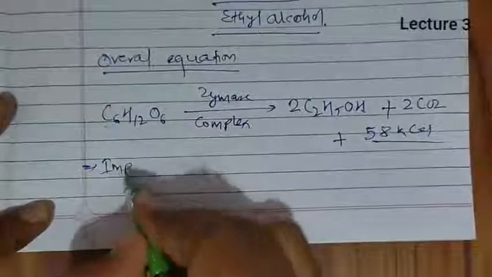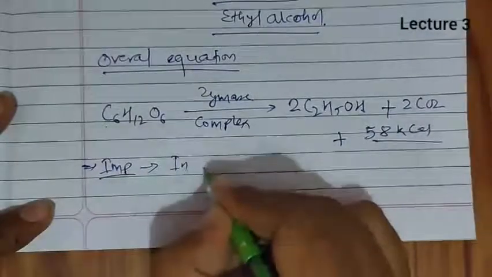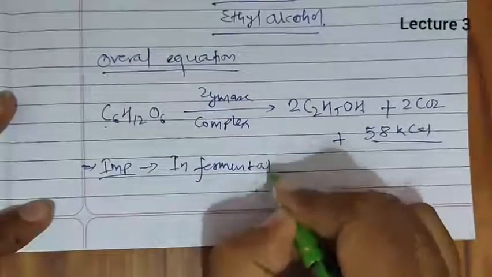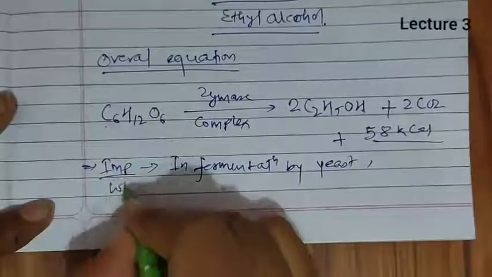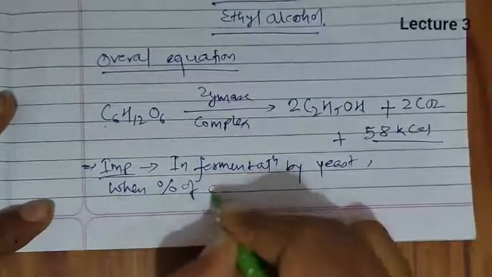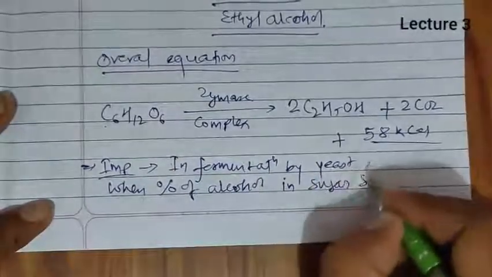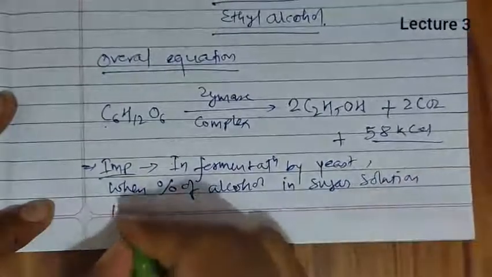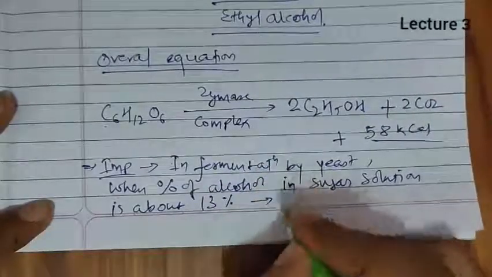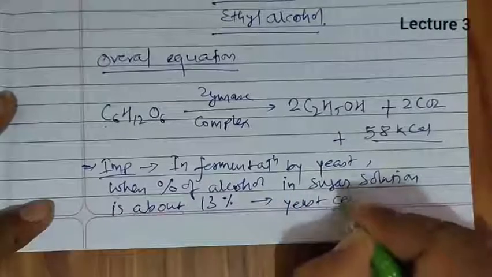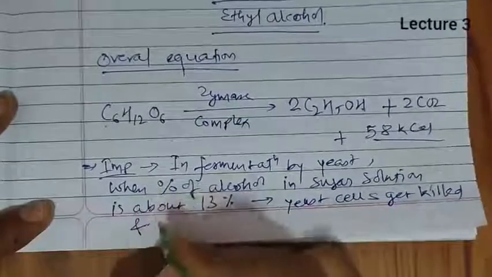One of the important points you should remember is that in fermentation by yeast, when the percentage of alcohol in the sugar solution is about 13%, yeast cells get killed and fermentation stops.